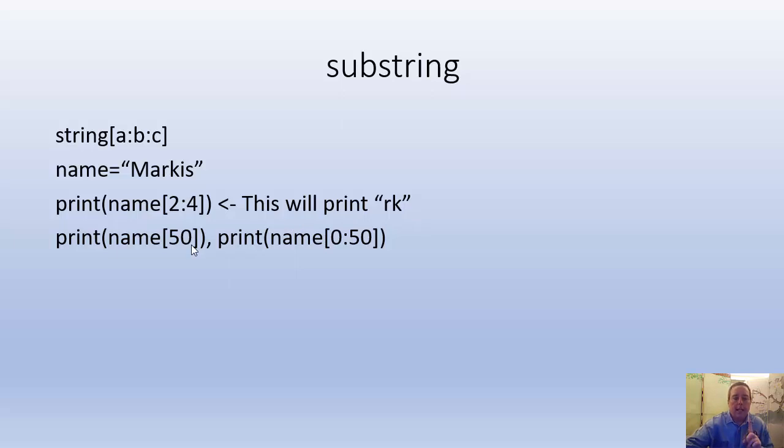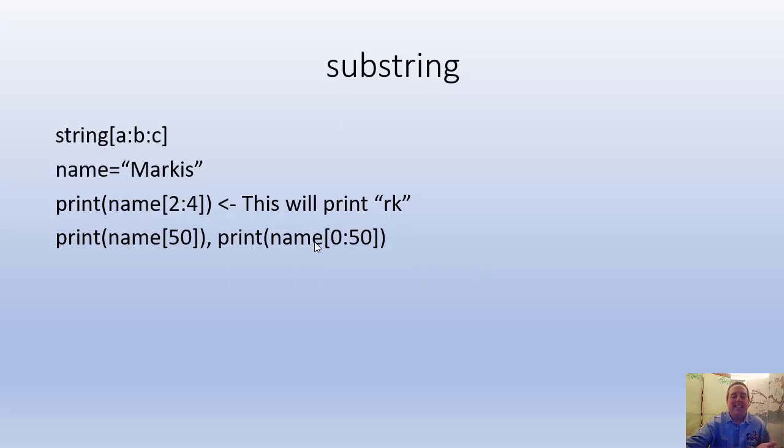Now, if you remember, I hope you do, if we tried printing name bracket 50, we're going to get an index out of range type of error. It just says, hey, you can't reference it. Well, this is one of the tricky parts that threw me for a loop. If that's not allowed, why is this allowed?